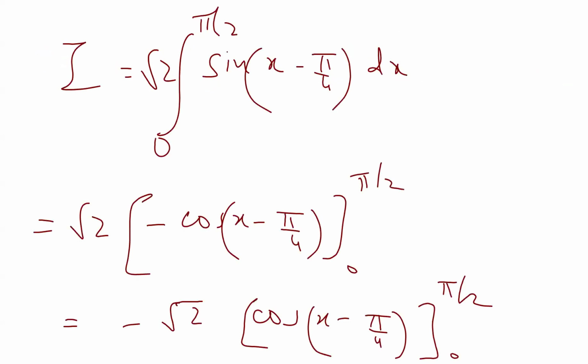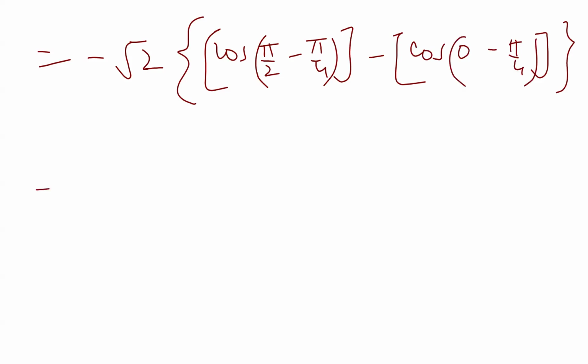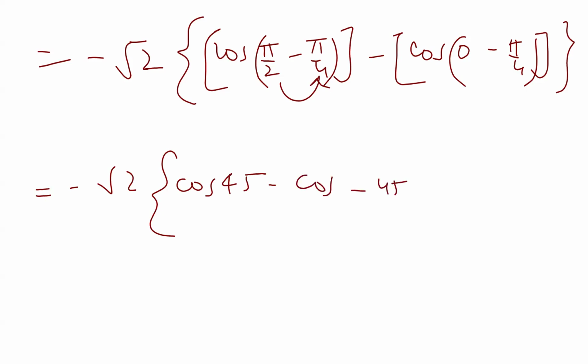Okay, so cos of pi by 2 minus pi by 4, and cos of 0 minus pi by 4. Okay, minus root 2. Cos 90 minus 45 is cos 45, and this is cos of minus 45.